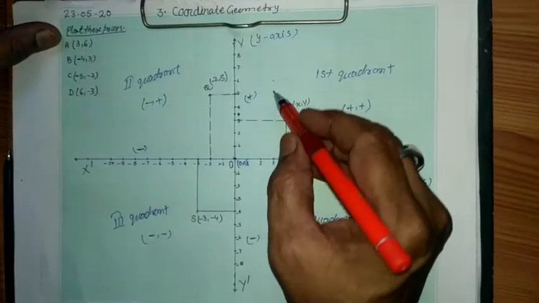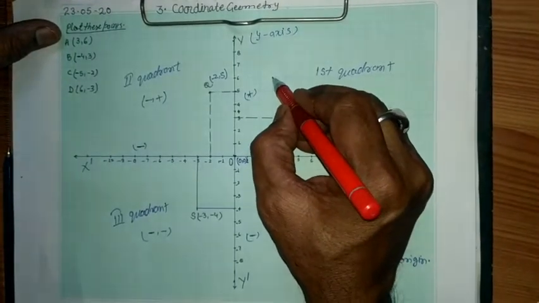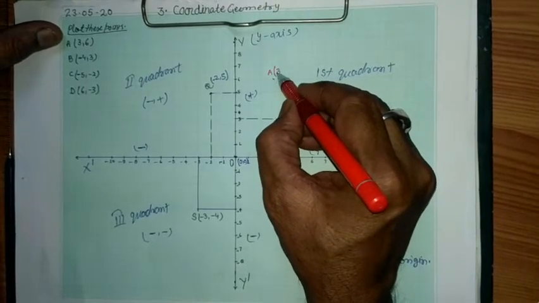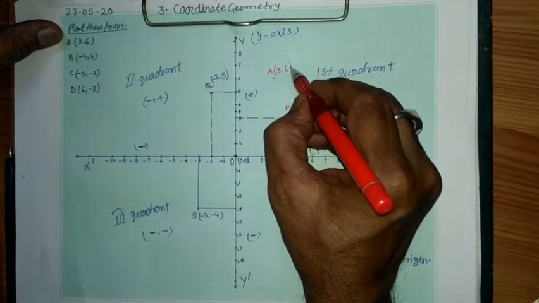These two lines intersect at this point A. Its coordinate is (3, 6).